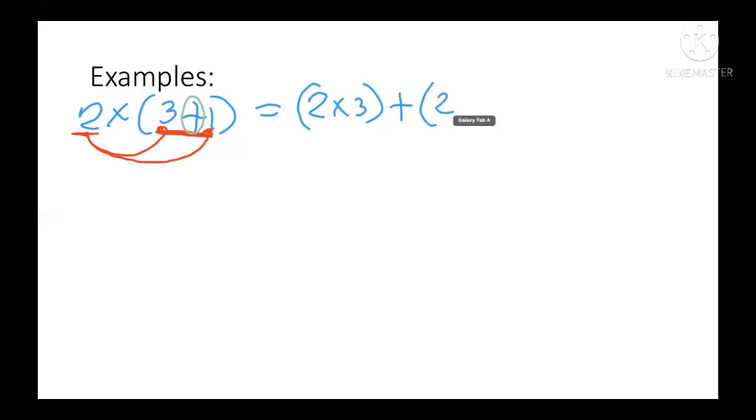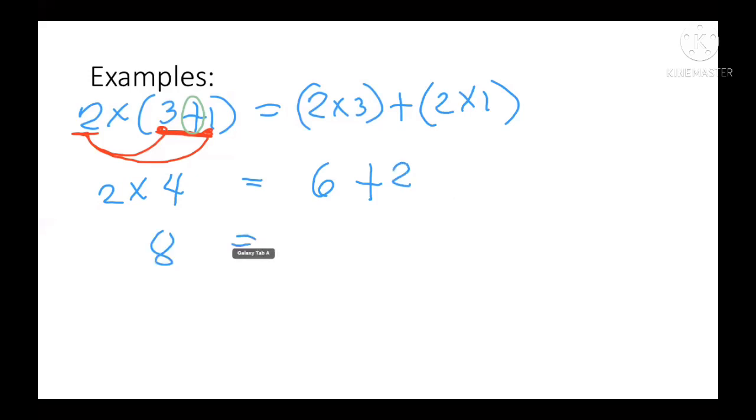2 times 1. Let's see if our property is correct. If we do 2 times (3 plus 1), 3 plus 1 is 4, and then 2 times 4 is 8. With the distribution, 2 times 3 is 6, 2 times 1 is 2, and 6 plus 2 is 8. So they are the same.